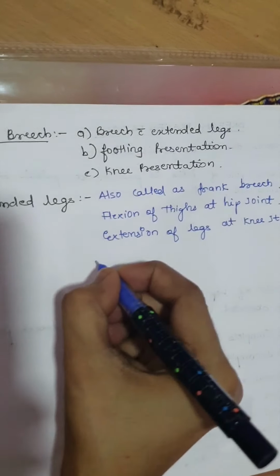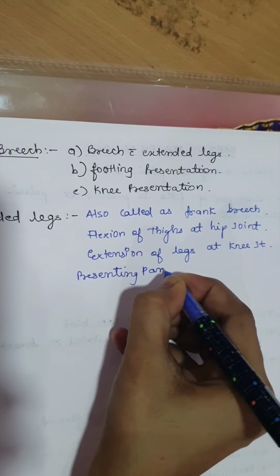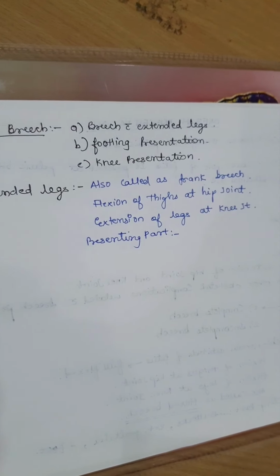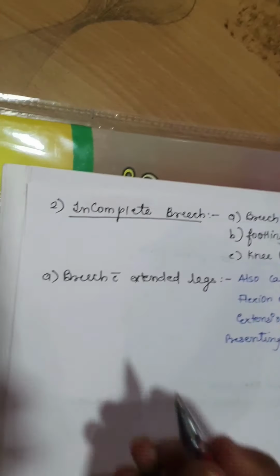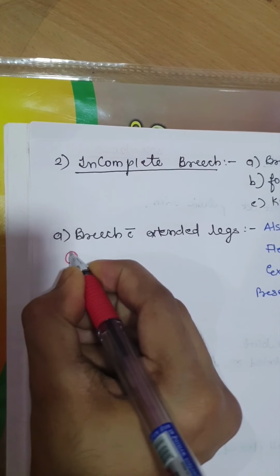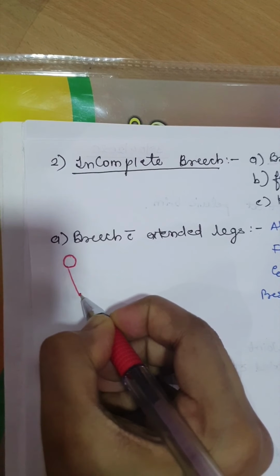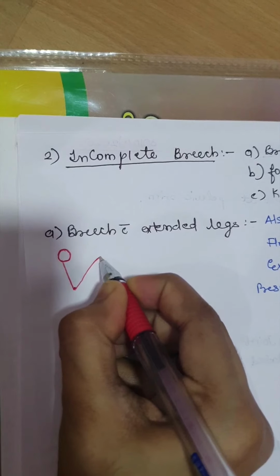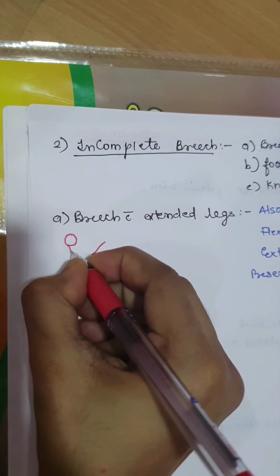So what will be the presenting part? Again, over here we could draw a schematic diagram for proper remembrance. So we could draw the following diagram. If this is the head, the hip joint is flexed but the legs are extended at the knee joint.